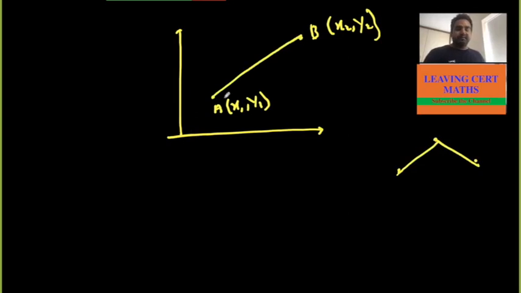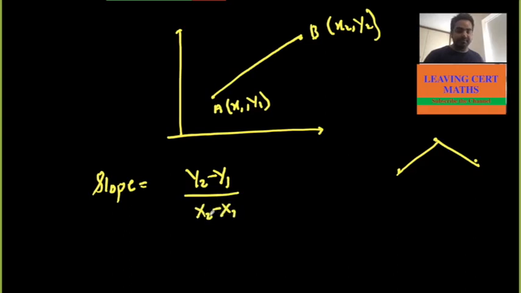Yep. So if you want to calculate the inclination, which is also sometimes known as the slope of this line, it is always equal to the difference of y over the difference of x. Okay.